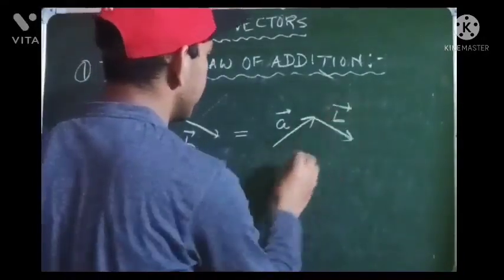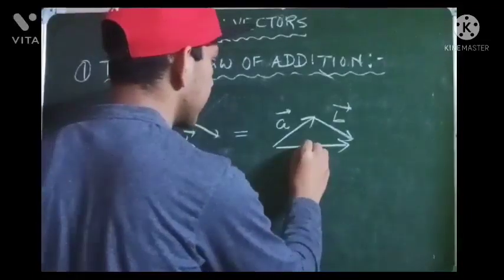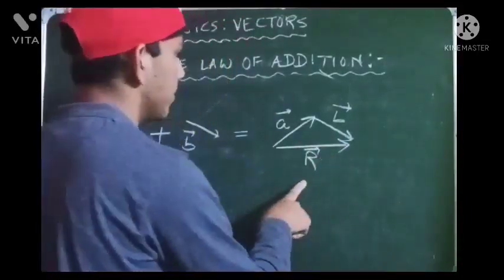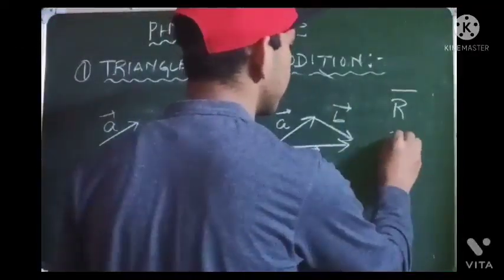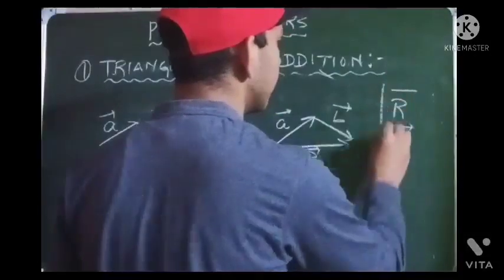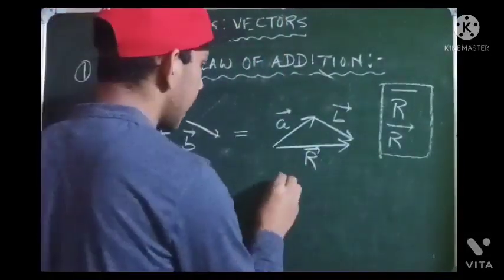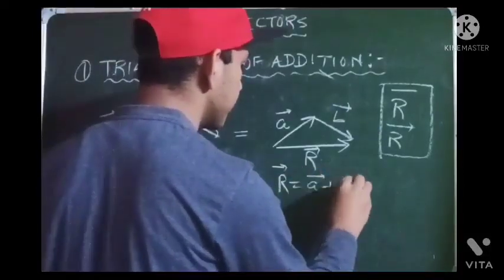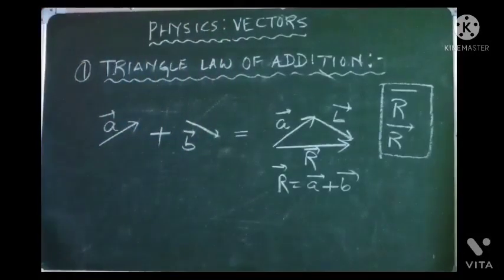Then this is the resultant vector, r vector. We can put a bar over a vector or simply write it in this way. Both mean the same thing. And r vector is a vector plus b vector. In this way, the triangle law of addition is used.